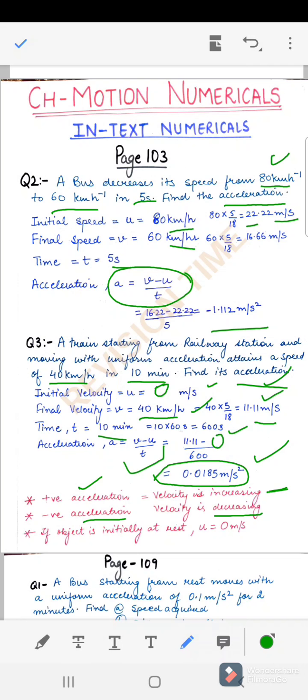As in question number 2 here, the acceleration is negative. That is why we have put the minus sign. The initial speed is 22.22 meter per second and final is 16.66. So it is decreasing, hence acceleration is negative. Also, if an object is initially at rest, the initial velocity will be 0 meter per second, as in here.